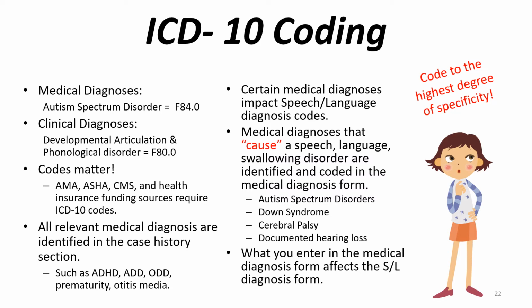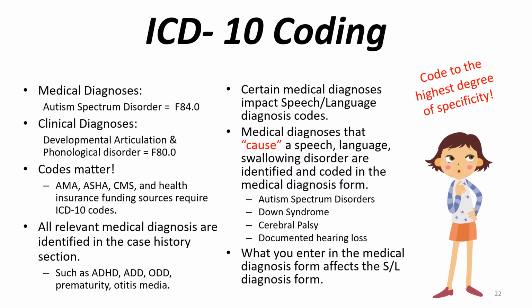While a patient may have diagnoses such as prematurity or otitis media and ADHD, they are not necessarily organic diagnoses causing a speech, language, or swallowing disorder. They're developmental diagnoses.